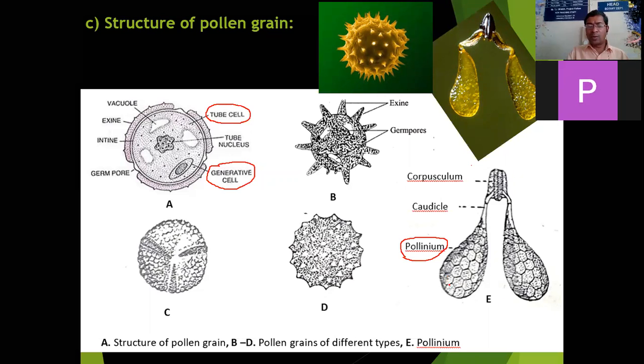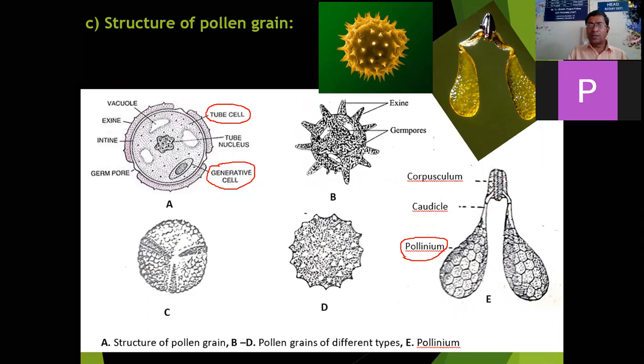So it is a bag, or these are two sac-like structures, and these two sac-like structures possess a caudicle at one end, and these two caudicles join a single portion called the corpusculum.